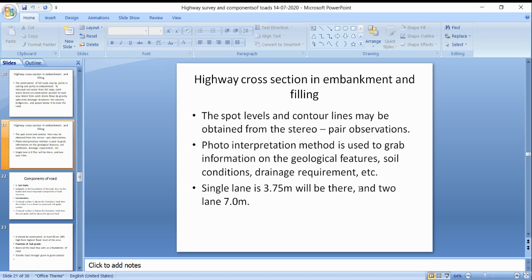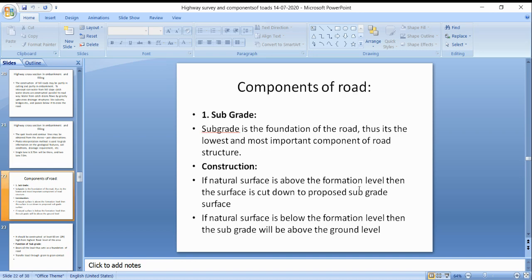We have to see whether it is a single-lane or two-lane road. For a two-lane road, the width is 7 meters. For a single-lane one, it is 3.75 meters. That is all about the cutting and filling of the road.